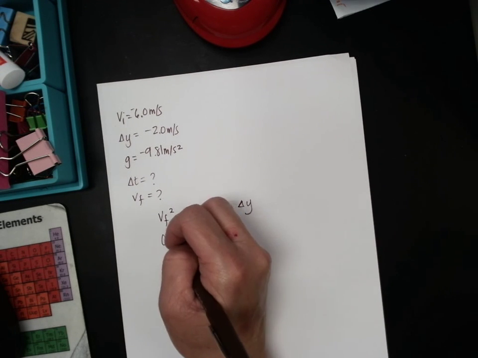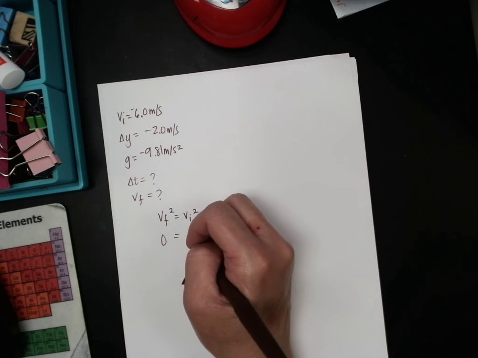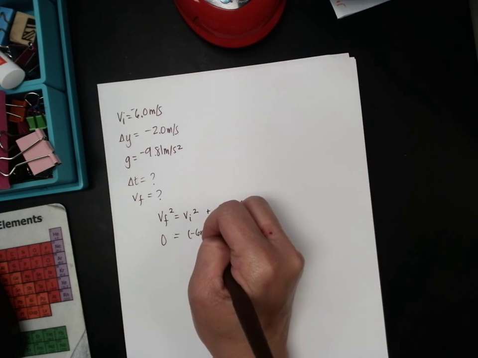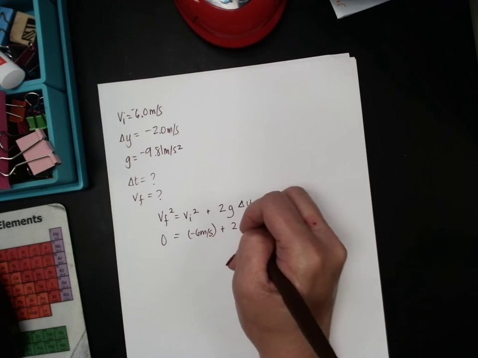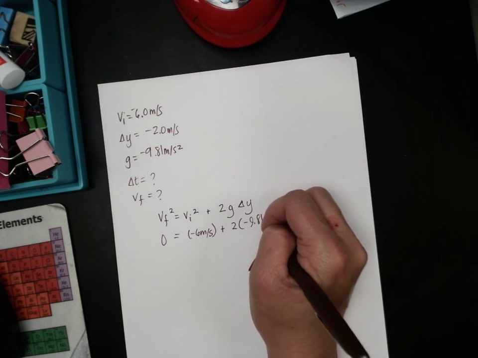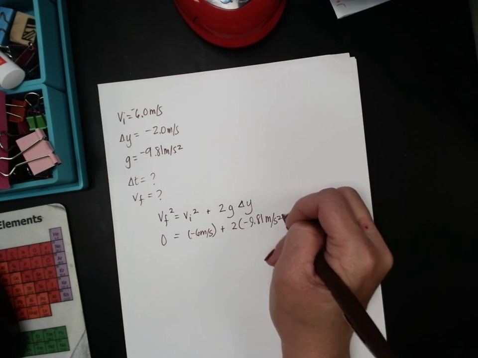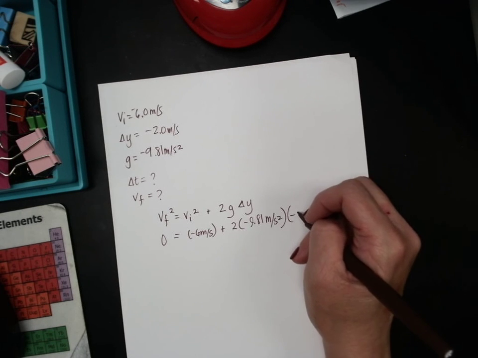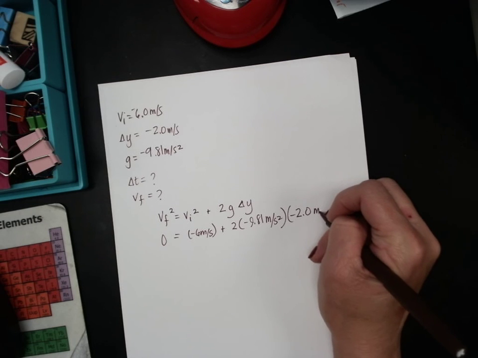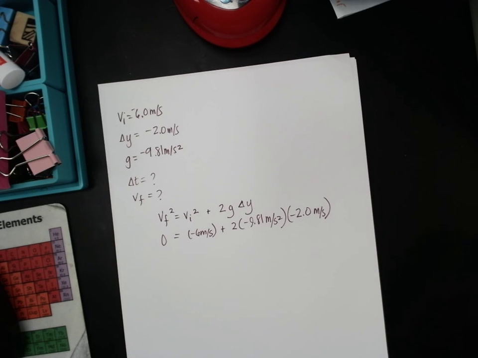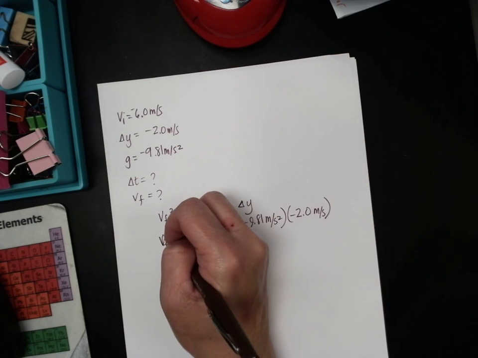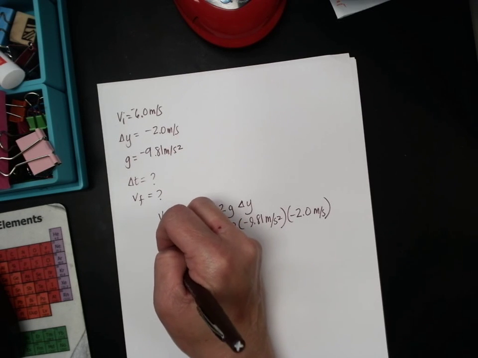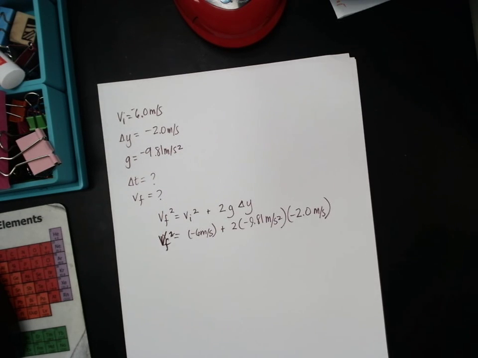VF squared will be equal to negative 6 meters per second, squared, plus 2 times negative 9.81 meters per second squared times negative 2.0 meters. Okay, so that should be saying VF squared. I'm not sure what I did there.